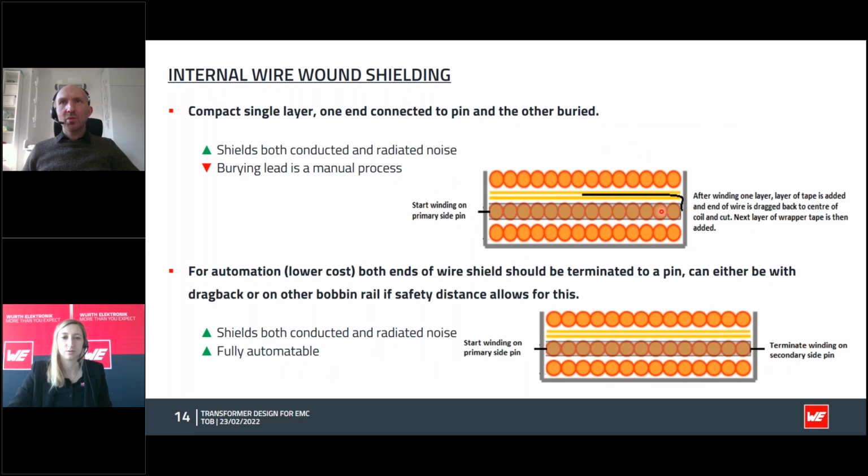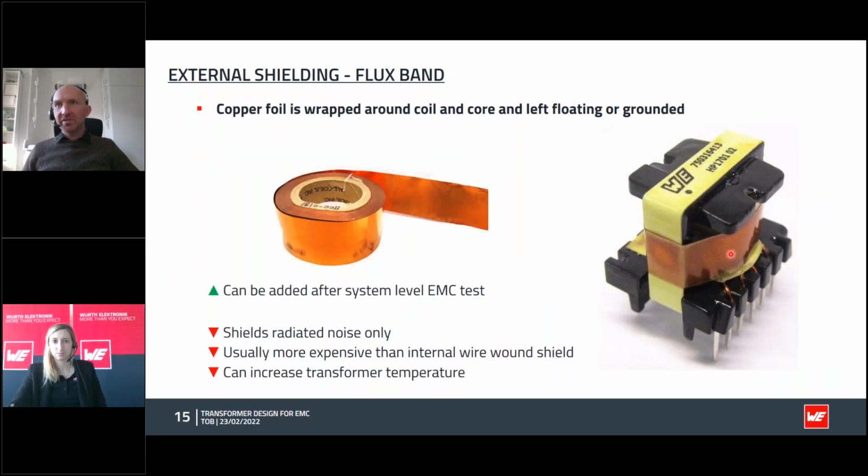In the case of an internal shield, it's like a standard winding: a wire wraps around the inner leg of the core. But the flux band is wound around the outside of the core. The flux in the core, this being an E-type core, goes from the center out around both sides and back in, and it also goes around on the outside.